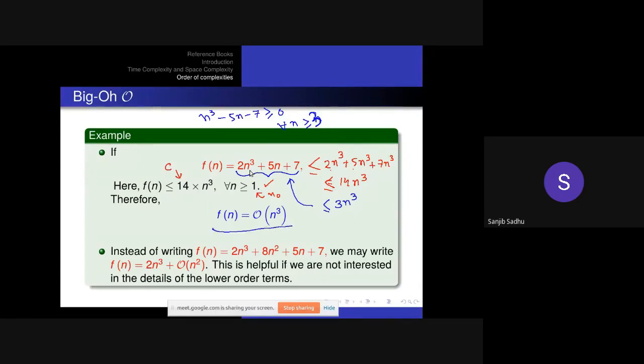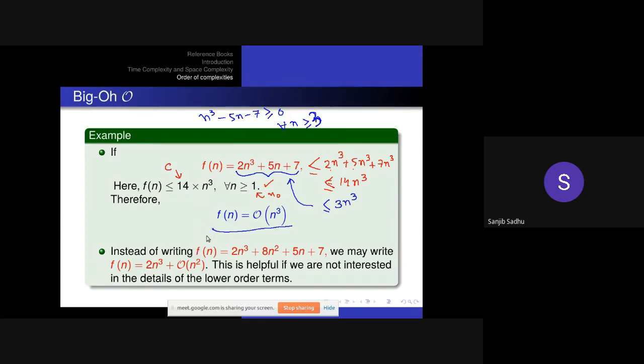If you choose a different c, you will get a different n naught. So the answer should be the same, big O of n cube.